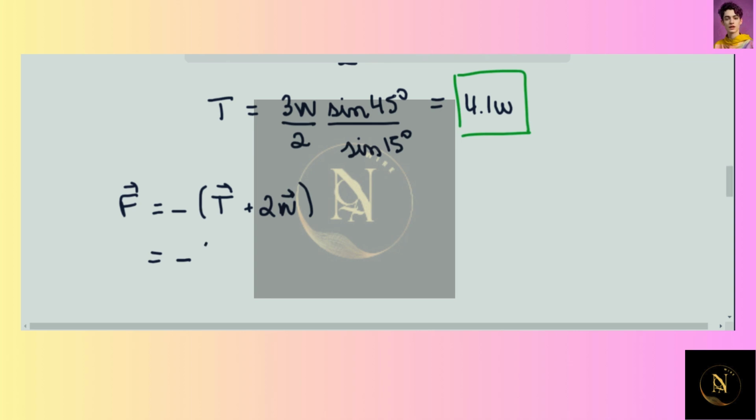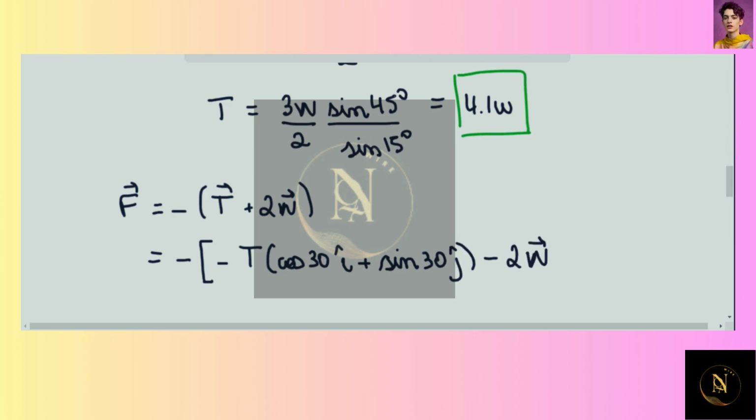Now the tension is minus T. I'm going to write it like this: minus T times cosine of 30 i plus sine of 30 j, I'm sorry, it should be 30, minus 2Wj.